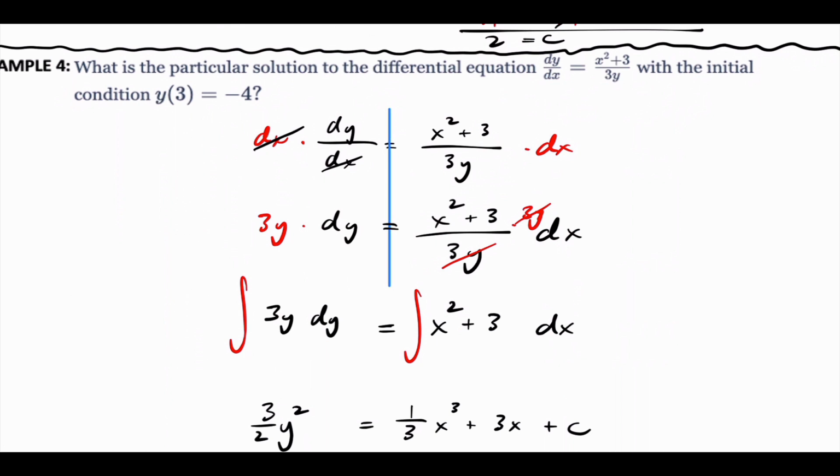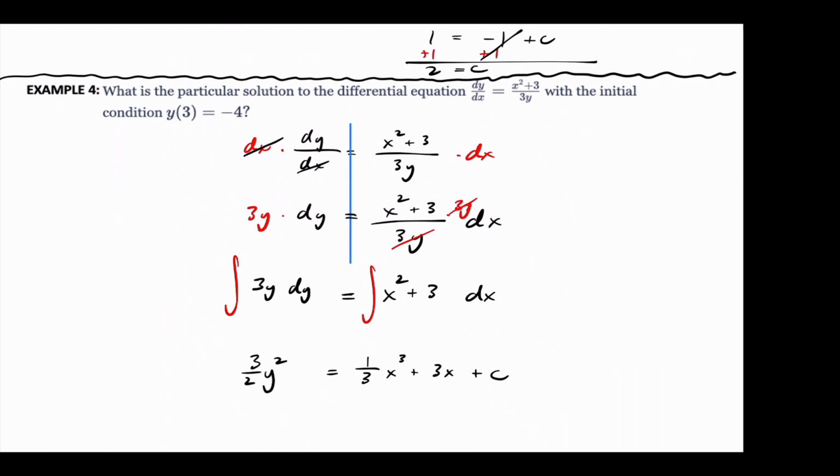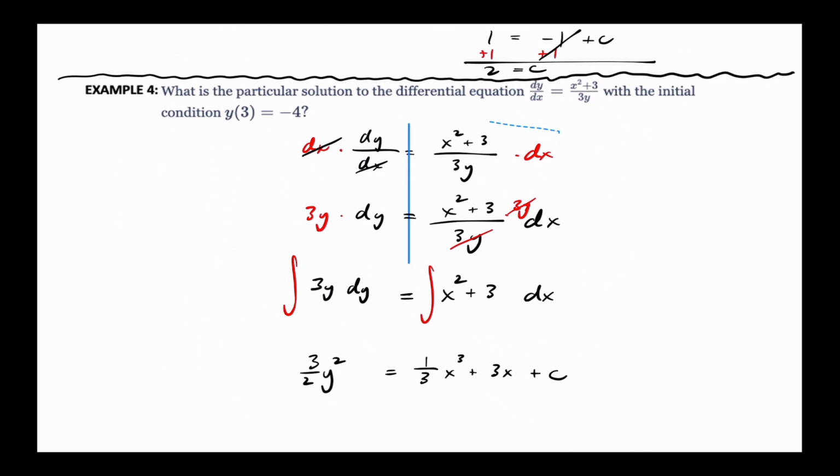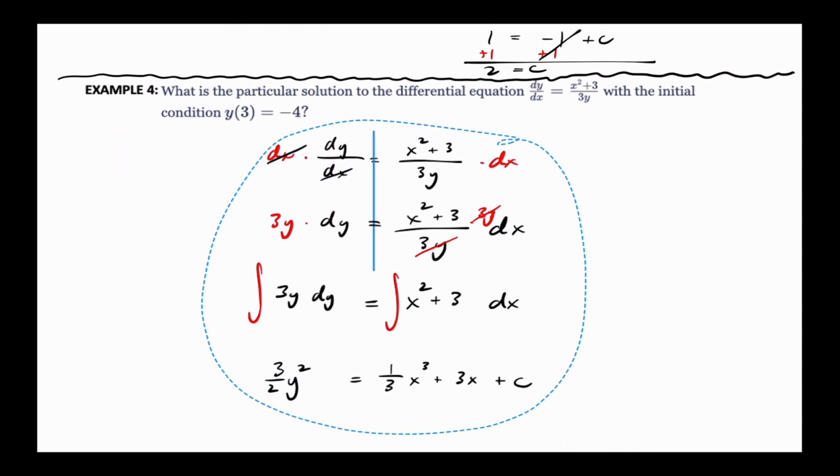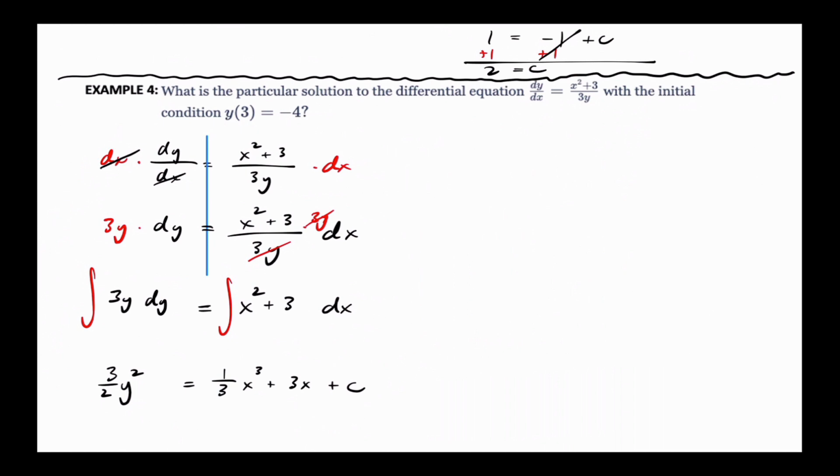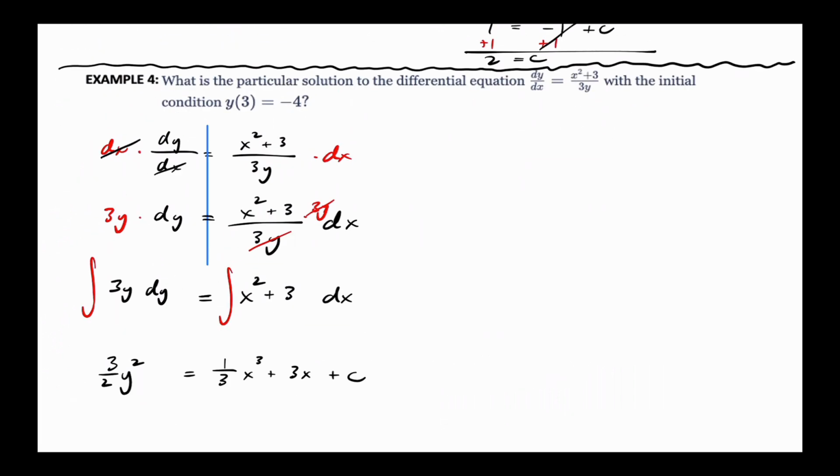No, you could solve for y now and then plug in the numbers last. It's up to you. It's just a matter of preference. So I'm going to plug in 3 for x, -4 for y. 3 for x, -4 for y.